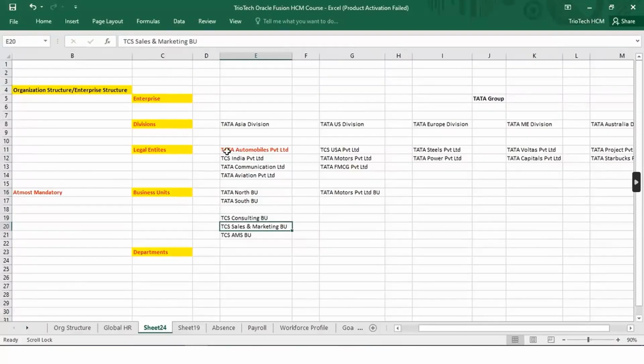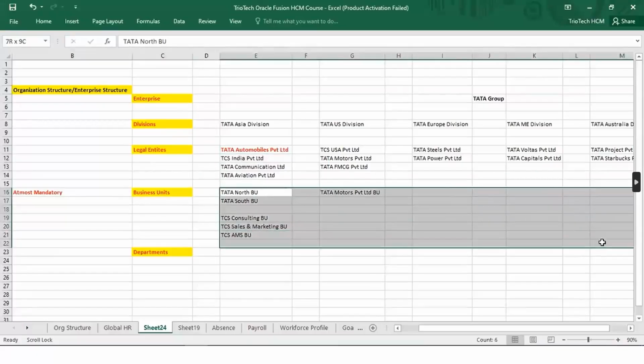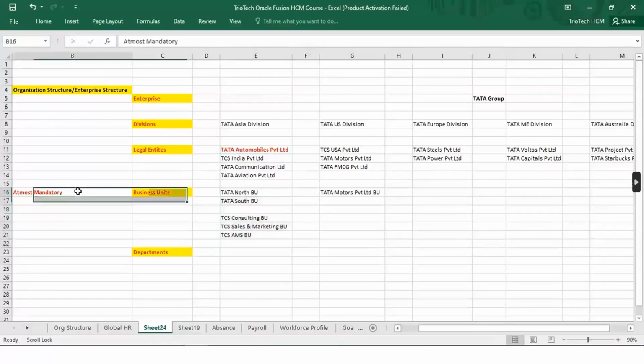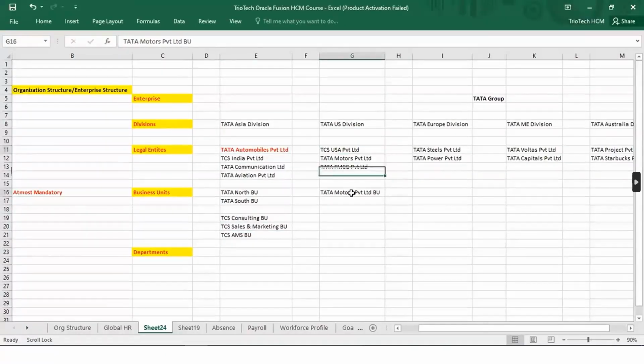Like that, under each legal entity in the Fusion application, we will have the concept of business units in the system. Why, Kumar, are you telling business units are utmost mandatory, and for each legal entity, one business unit is mandatory to create? How we have the concept of organization or enterprise structure, team?